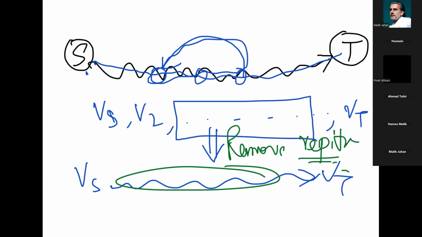And the last sequence, which does not contain any repetition, is the shortest possible sequence which exists from start vertex to the target vertex. And because it's a walk and it does not contain any repetition, hence it's a path. So in other words, the walk which is the shortest one in terms of number of hops in between will be the one which does not contain any repetition. That will land us to a path.